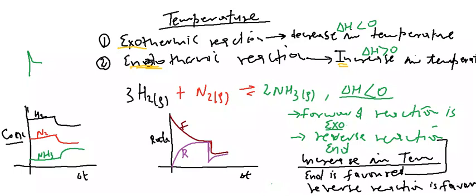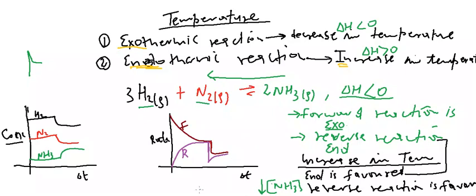When the reverse reaction is favored, what happens to the concentration of ammonia? The concentration of ammonia decreases to form more particles of nitrogen and hydrogen.